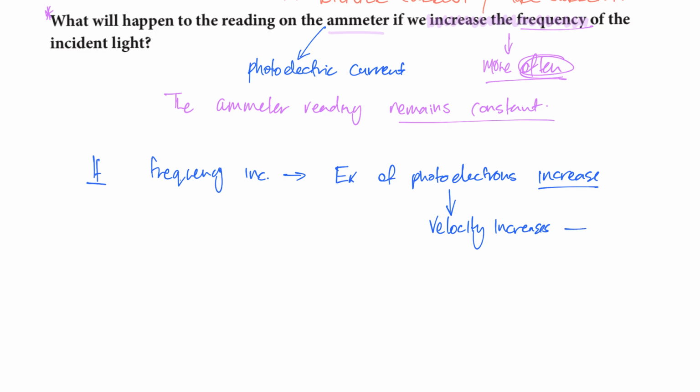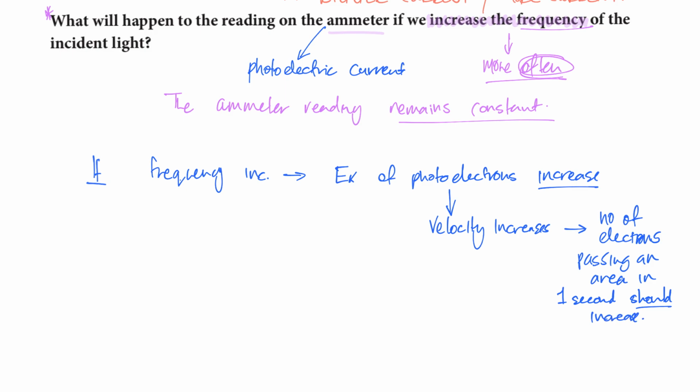And if the velocity increases, then the number of electrons passing an area in 1 second should increase, and therefore I'm going to have an increase in current.